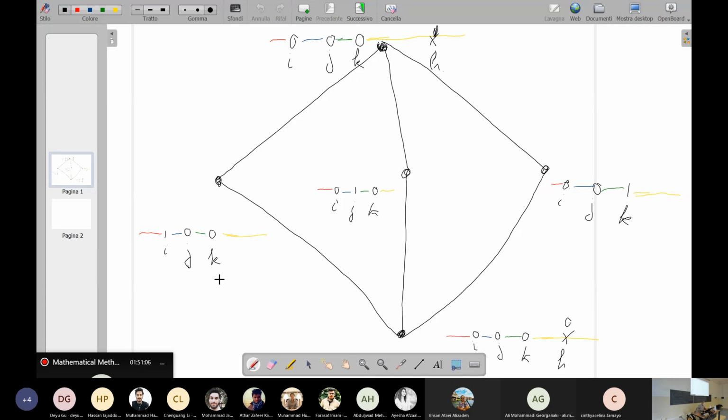Oh, maybe this is misleading. Okay, let's say L, position L. So my argument is, what about this k-tuple and this k-tuple?